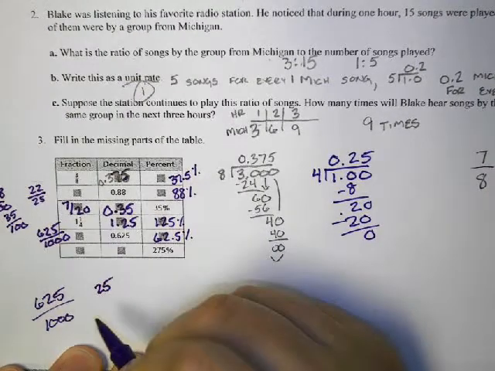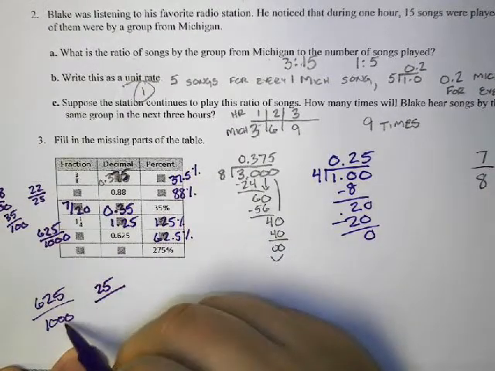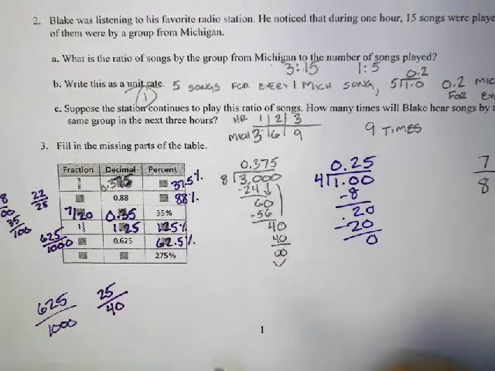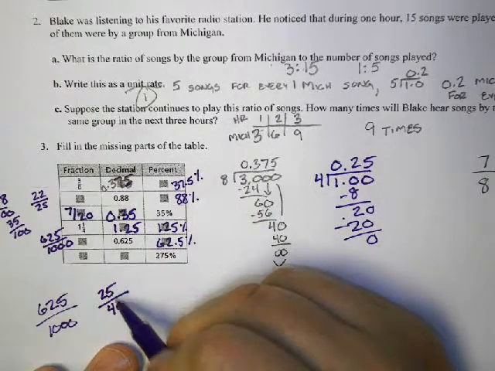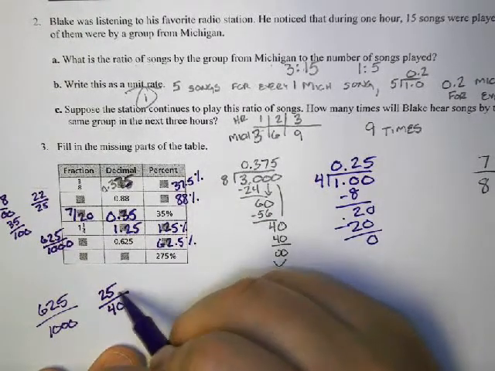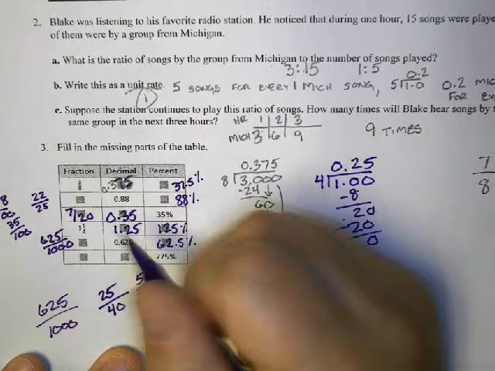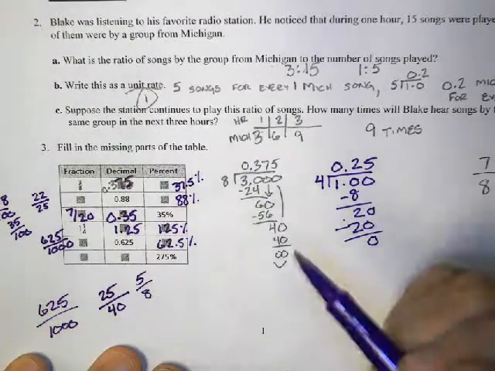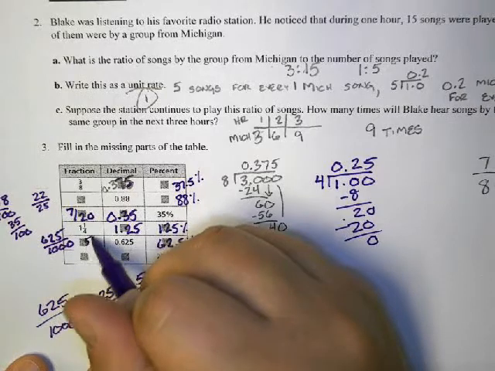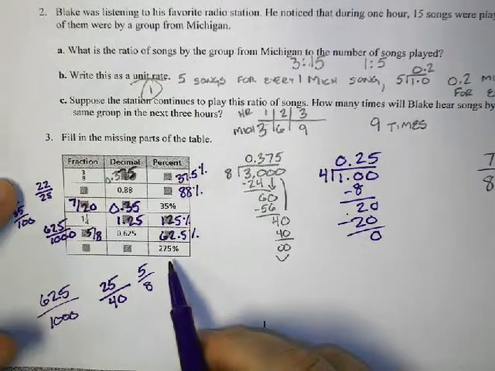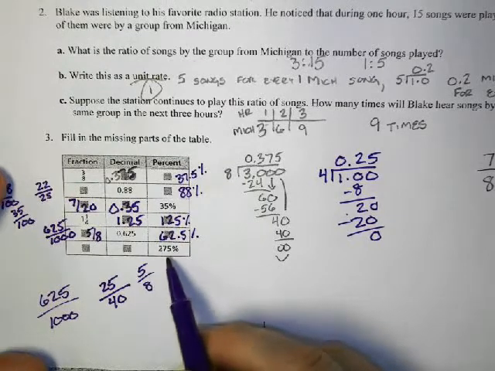So I have, looks to me like 25 groups up there, and divide that by 25. I'm going to end up with 40. This is going to reduce nicely. 25 goes into 40. Divide again by 5. It's going to be 5 over 8. So 625 over 1,000, or 5 over 8.